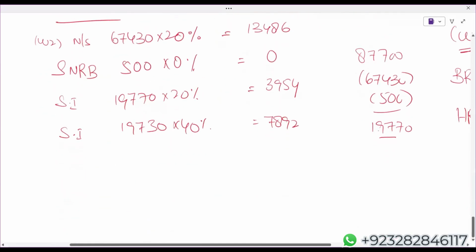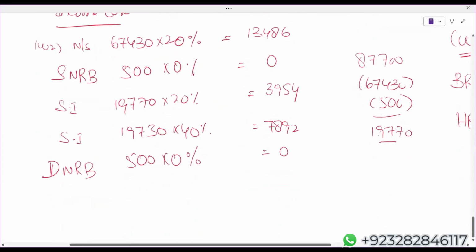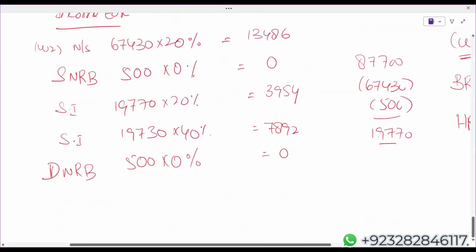Dividend income is 10,000. So dividend nil rate band: every individual for the dividend income gets a nil rate band of 500. The entire 9,500 of the dividend income falls in the higher rate band.